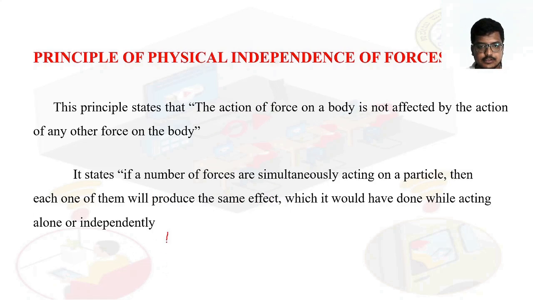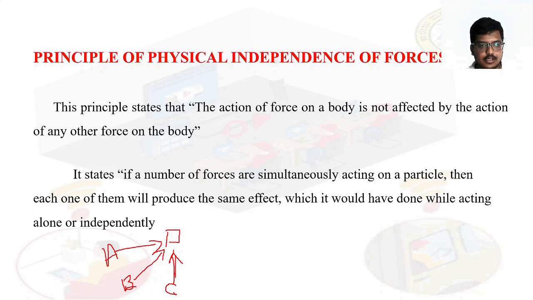See here, a square is there and on that square I'll try to show three forces, that is A, B, C. These A, B, C forces are acting on this square, okay.